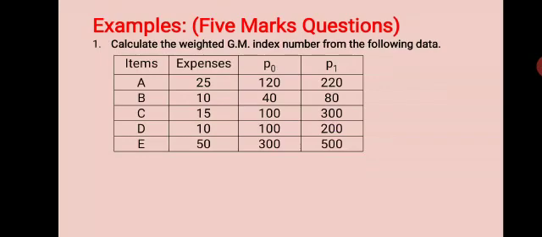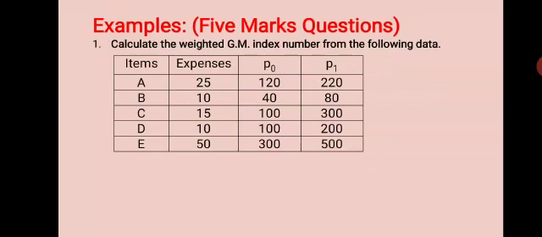Calculate the weighted geometric mean index number from the following data. Here data is given as items A, B, C, D and E. Expenses are given, that is 25, 10, 15, 10, 50.